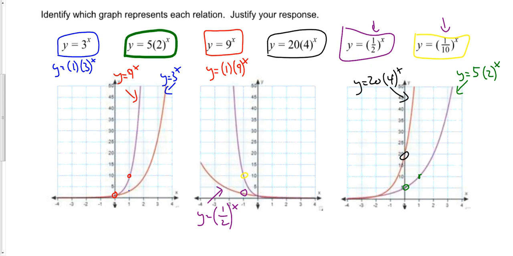We know that the y-intercept is going to be 1. So this purple line is y equals 1 over 10 to the exponent x. So that's one way that we can identify all of the graphs based on the equations.